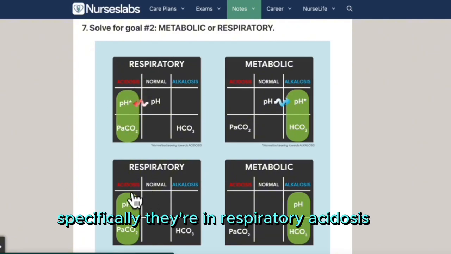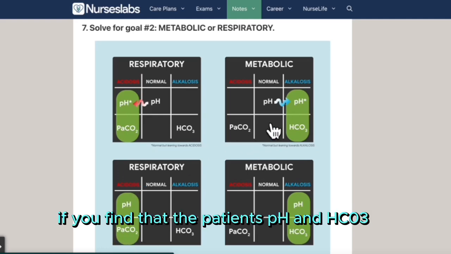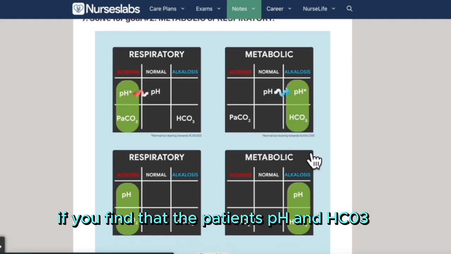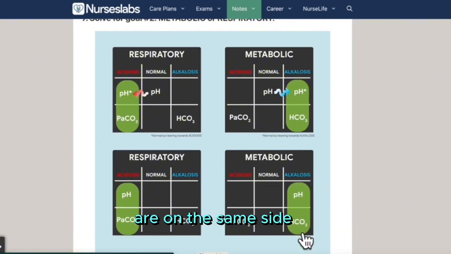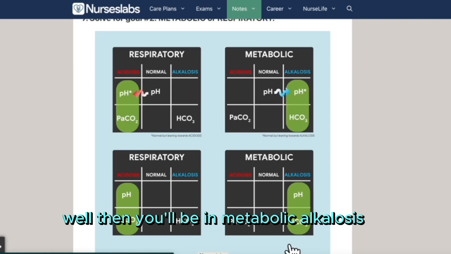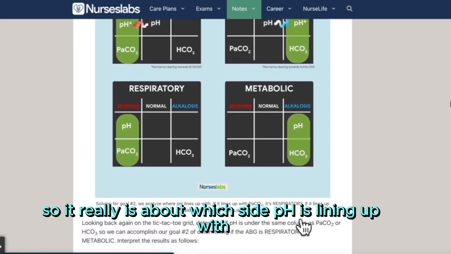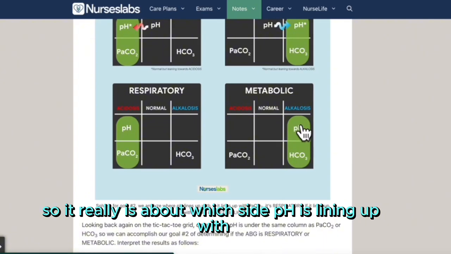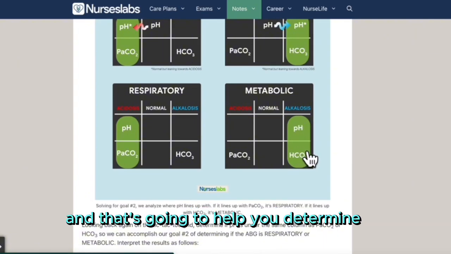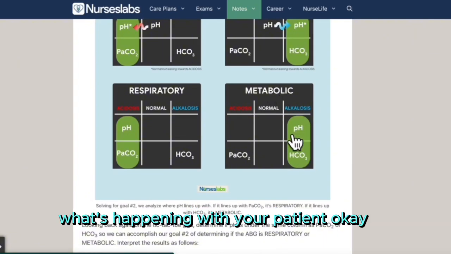Specifically, they're in respiratory acidosis. If you find that the patient's pH and HCO3 are on the same side, then you'll be in metabolic alkalosis. It really is about which side pH is lining up with, and that's going to help you determine what's happening with your patient.